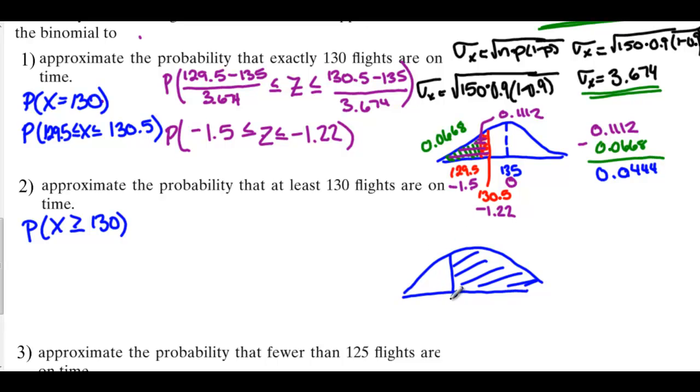So instead of being here at this 130, I'm going to have to bump back to 129.5. So I'm increasing the area by a half. So really, I want the probability that x is greater than or equal to 129.5.